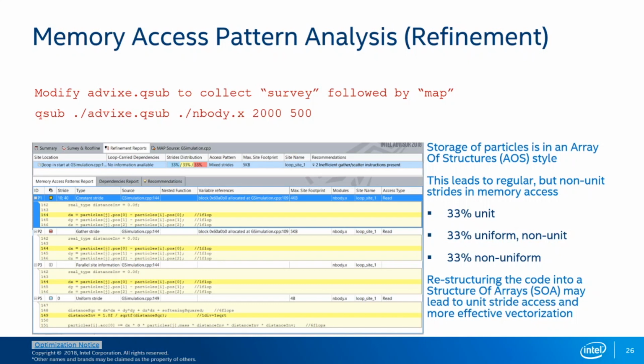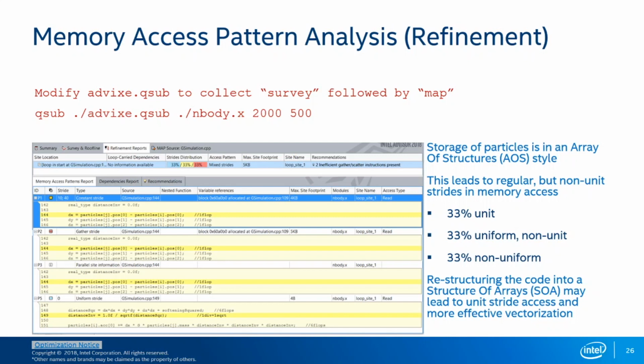Or we can modify the script to skip the survey collection and use an advisor directory that's already present from the previous run whenever we needed to collect survey for trip counts and flops.